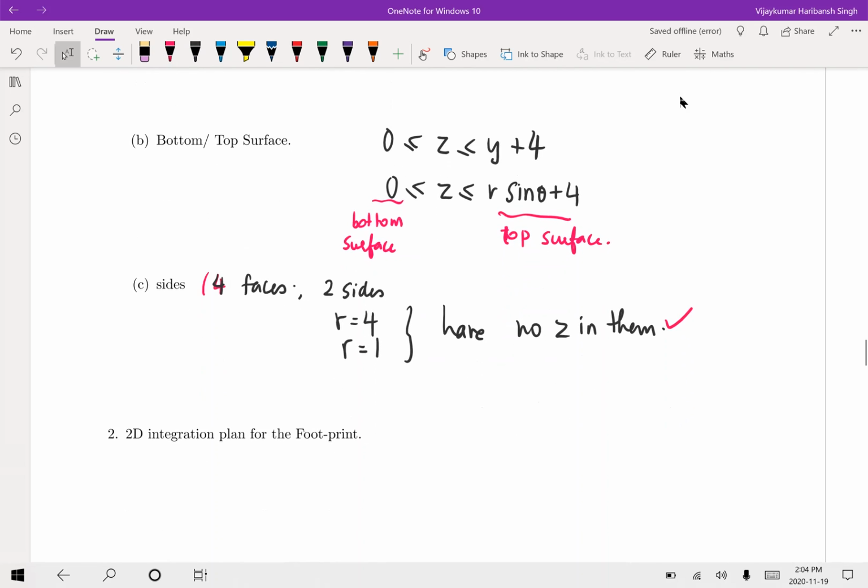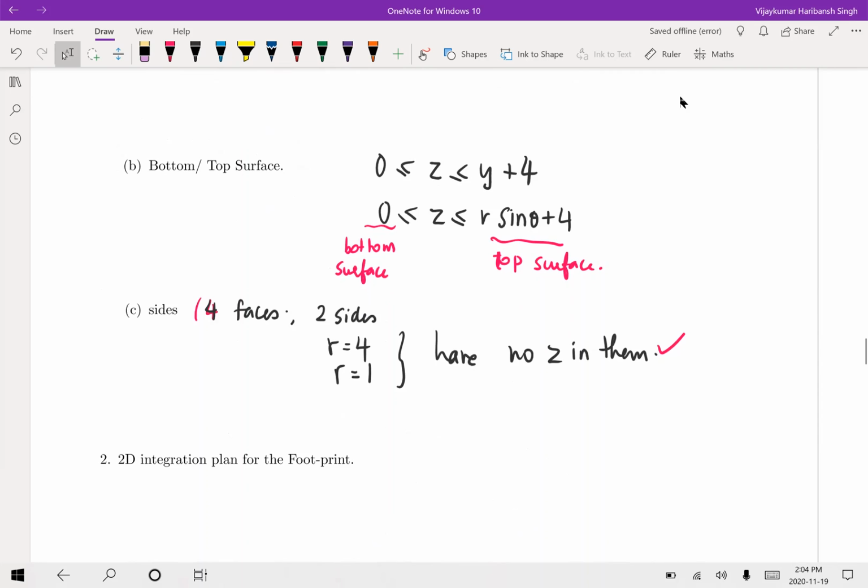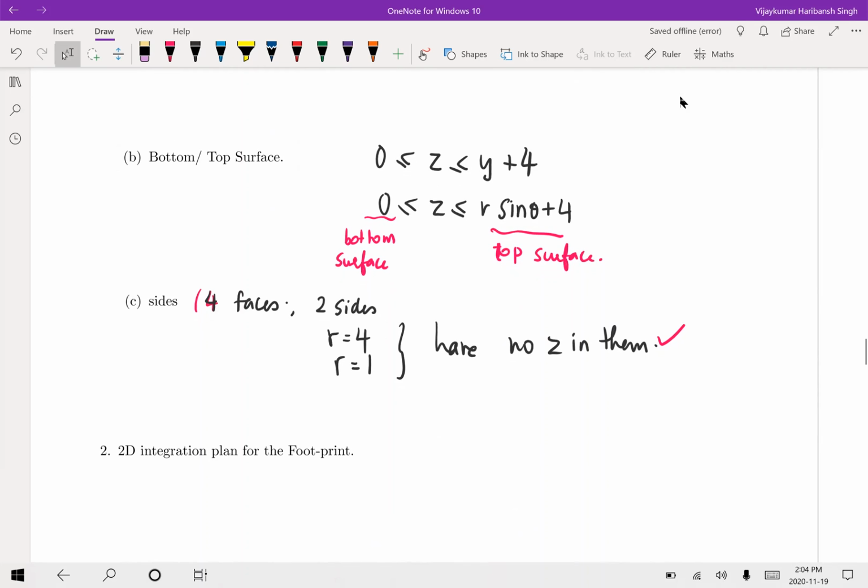Now for the footprint, we have 2 circles.